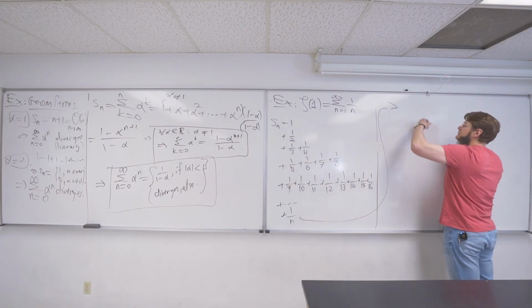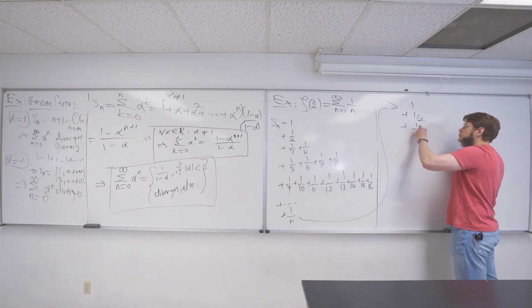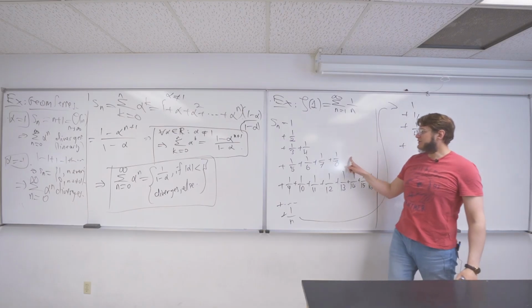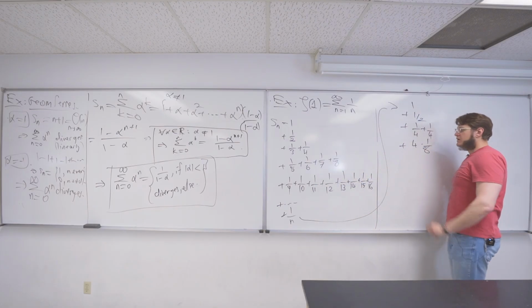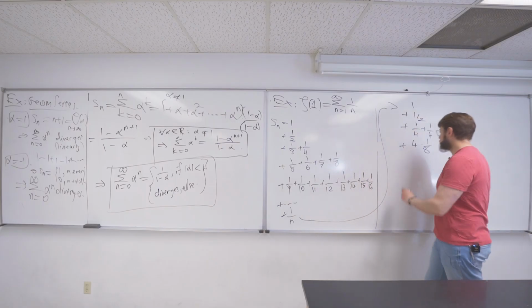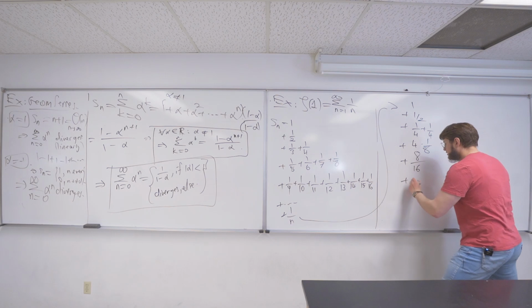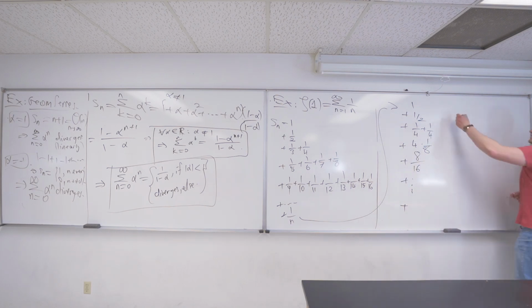In fact, like this: 1 plus 1/2 plus 1 over 4 plus 1 over 4 plus, now I'm going to have 4 times 1 over 8, 8 times 1 over 16, and so on.